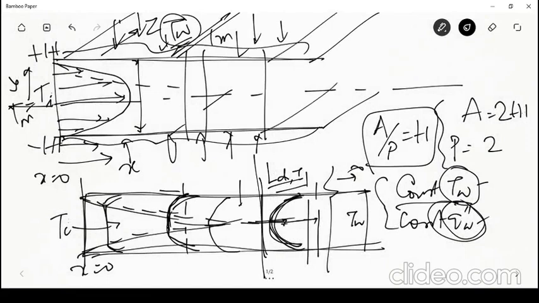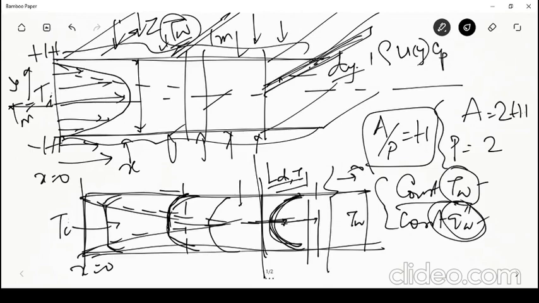If I look at this duct, I take one plane and one small elemental strip at any given y with width dy. The area of that will be dy multiplied by 1 because of the unit depth. If density is rho and u is the velocity at any y, then rho u dy will be the mass flow rate through this.